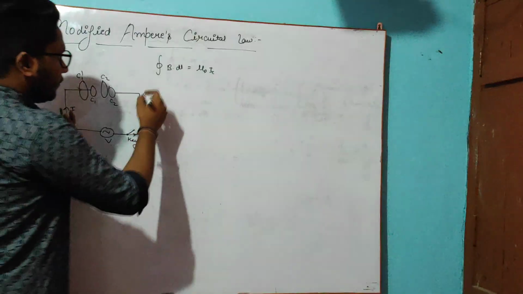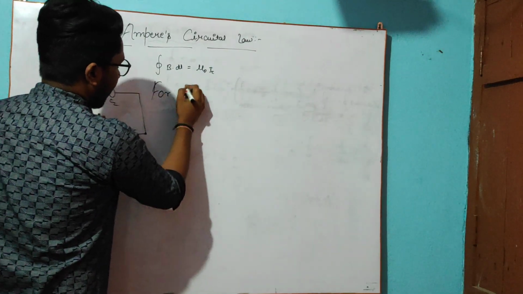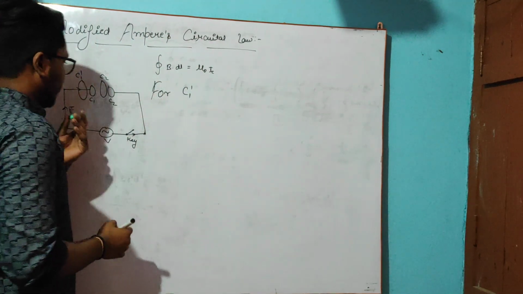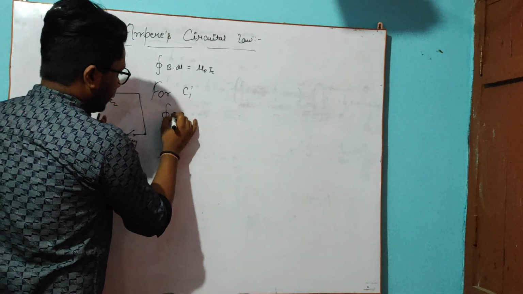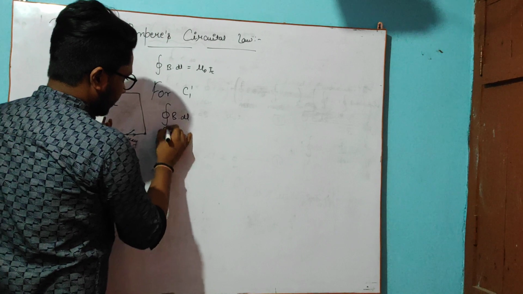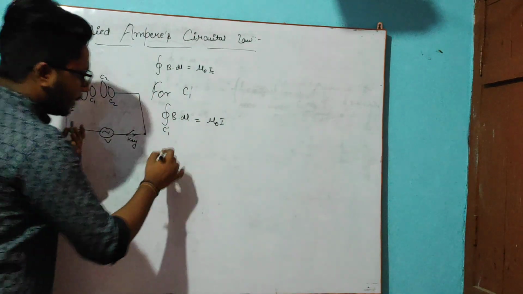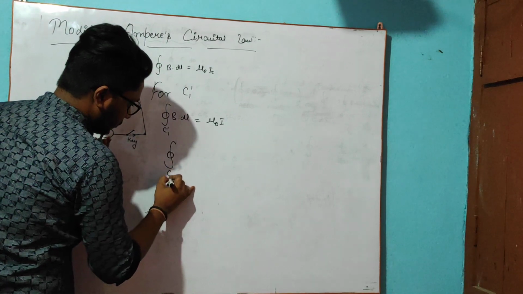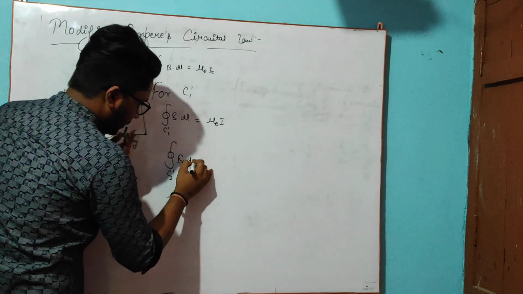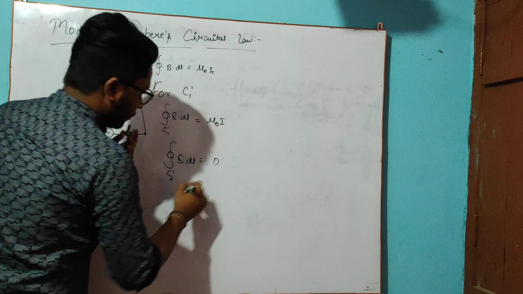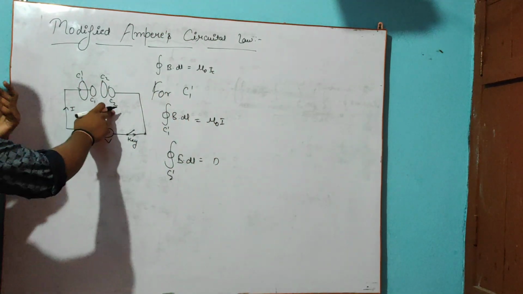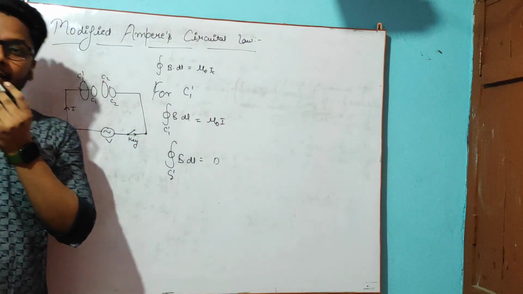Now for C1 dash, closed integration B dot dl is equal to mu naught I, and closed integration over C2 dash of B dot dl is equal to 0. Why 0? Because in between these two parallel plates there is no current.